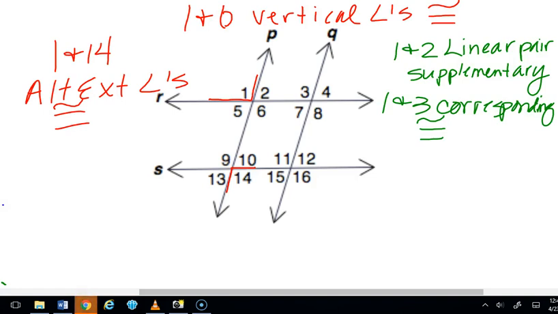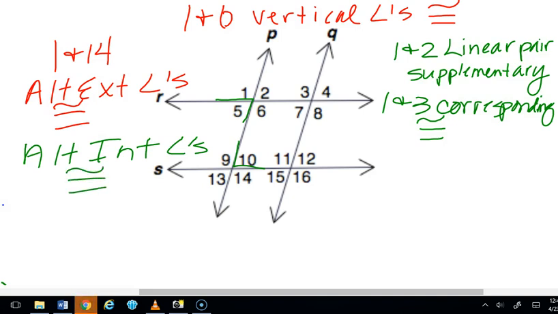Now let's talk about 5 and 10. These are alternate interior angles, and they're congruent.